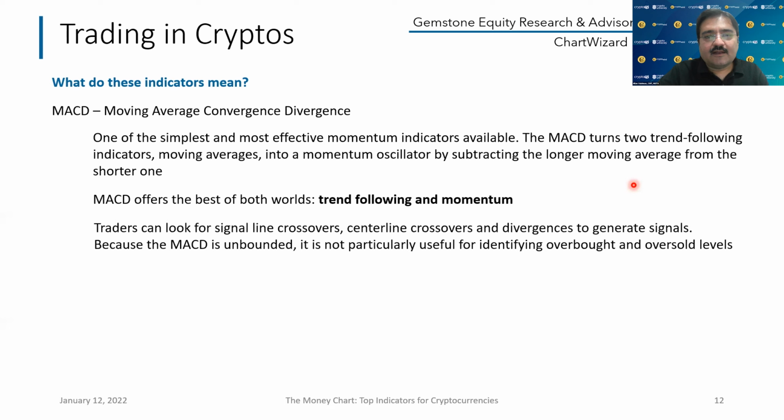The primary use of this indicator is that traders can look for signal line crossovers, and they also try to spot divergences. MACD is an unbound indicator, so unlike RSI, you cannot have any overbought or oversold values. Essentially it's a lagging indicator, and the core use of this is to identify the trend and recognize the change in momentum as and when it occurs.